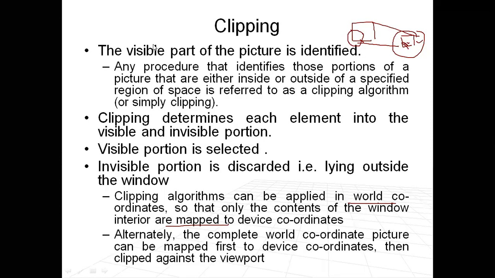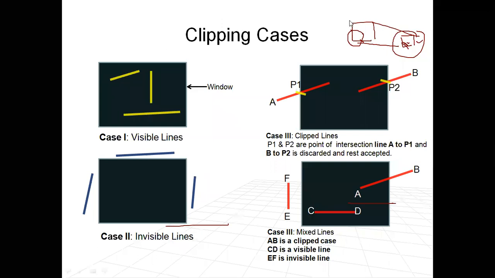Let's see with the help of certain figures. I have distributed the clipping into a number of cases. In the first case, visible lines are shown, and this is the window, or we can call it a viewport. These are visible lines lying within the visible region or within the window.